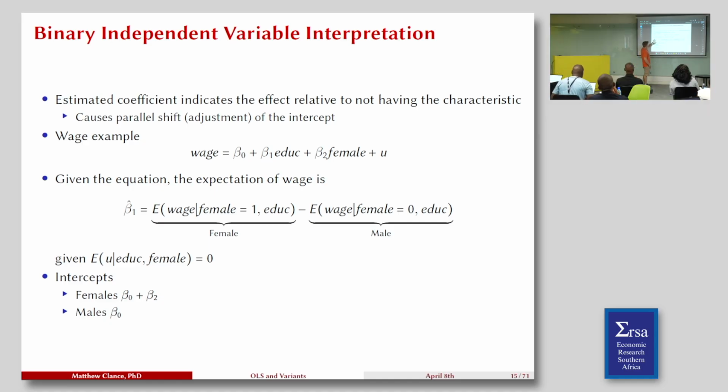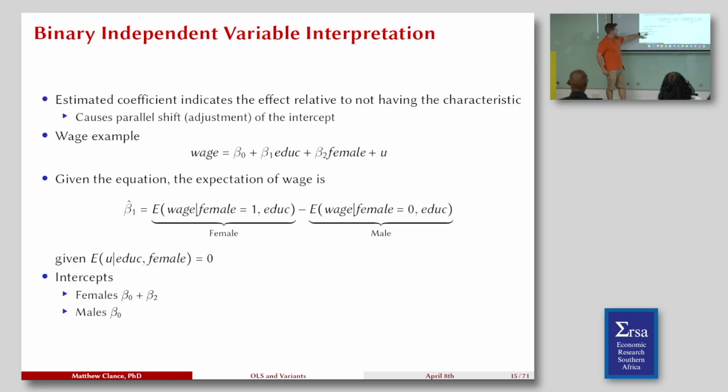In terms of the equation, we have an expectation of the female outcome in terms of education, and the average outcome for males in terms of education. That's what beta 1 captures, in terms of these two outcomes.